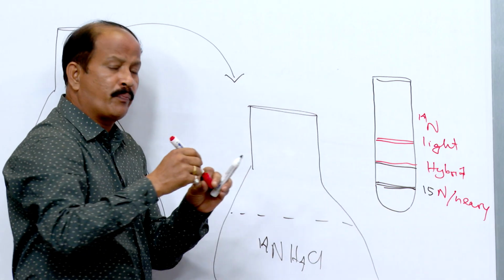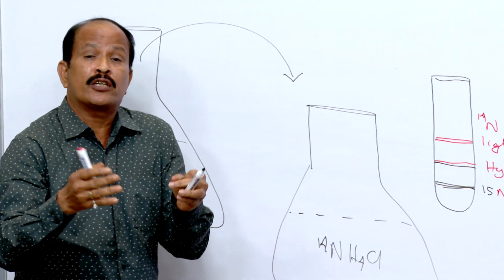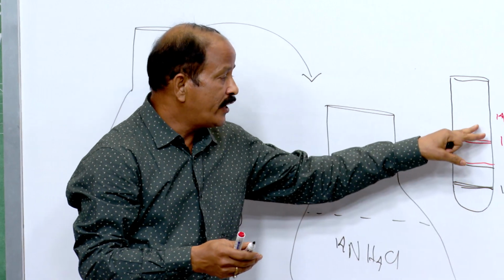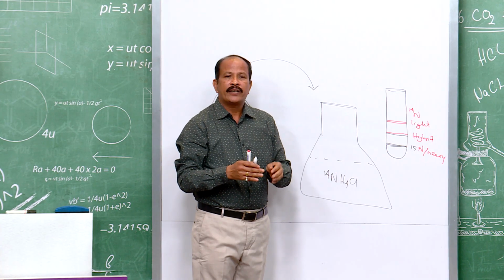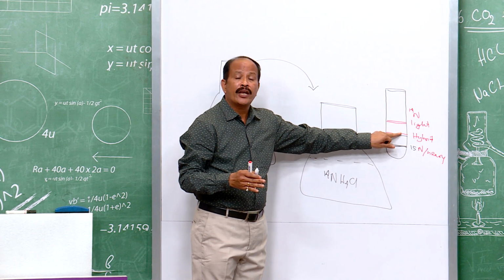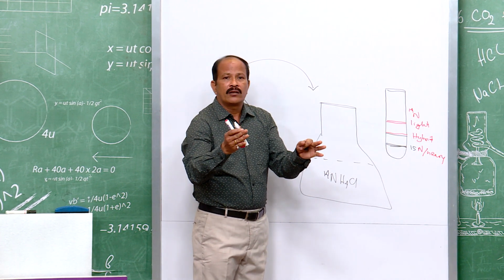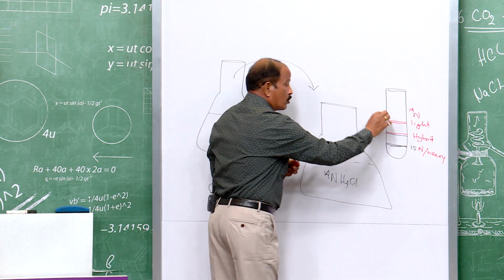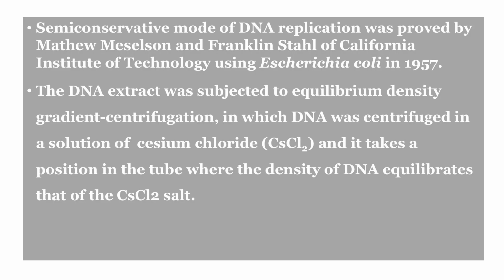By this basis, they could differentiate between heavy, light and intermediate hybrid DNA, which has both N15 and N14 in its DNA. The DNAs were subjected to equilibrium density gradient centrifugation developed by them.